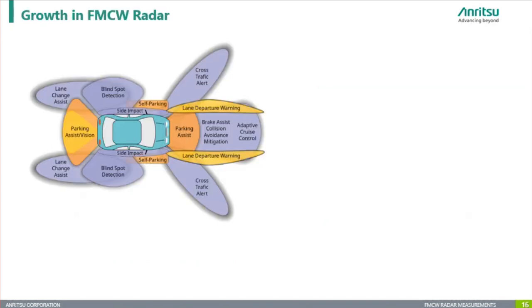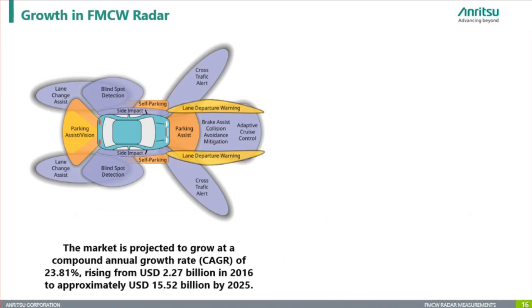The adoption of FMCW radar in automotive and ADAS systems has experienced significant growth with a compound annual growth rate of 23.81%. The market expanded from USD 2.27 billion in 2016 to an estimated USD 15.52 billion by 2025.